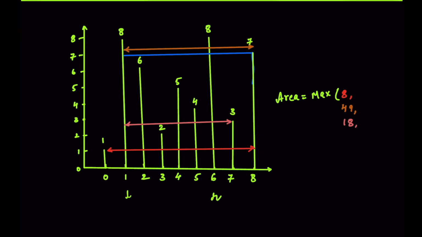In this case, our area is going to be 40. The reason it is 40 is because the distance between the left and right indices is 5, and the lowest height is 8. So that is the reason it is 5 into 8, that is 40.